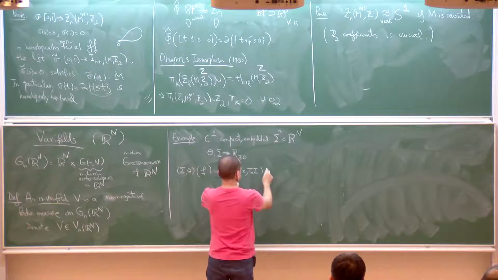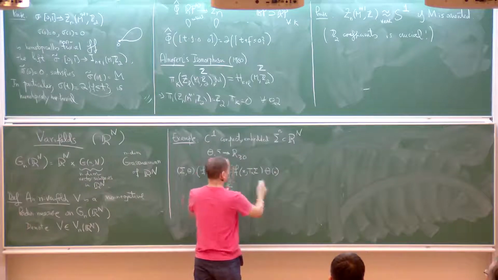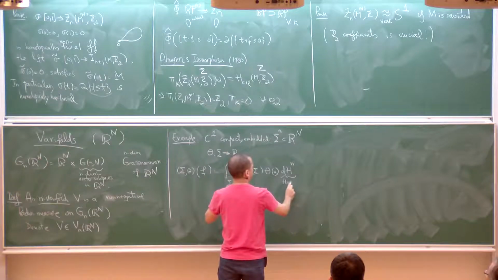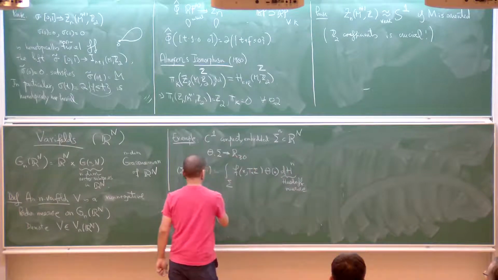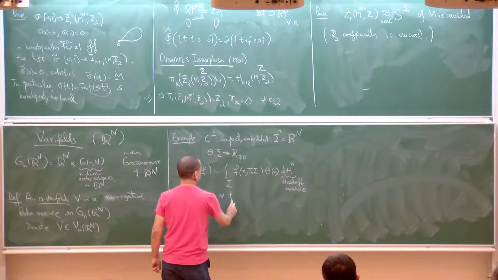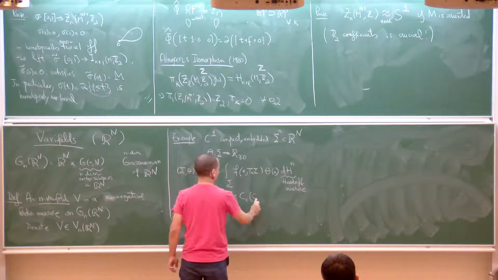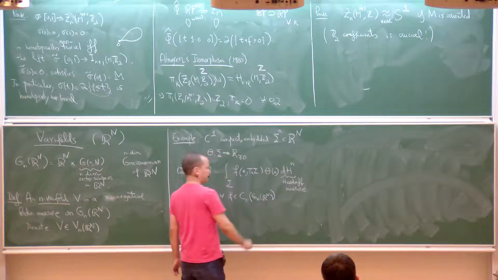Then I multiply this by the multiplicity at x, and integrate with respect to the natural measure on sigma, which is the Hausdorff measure. This is the definition for every function f continuous with compact support on the Grassmannian.